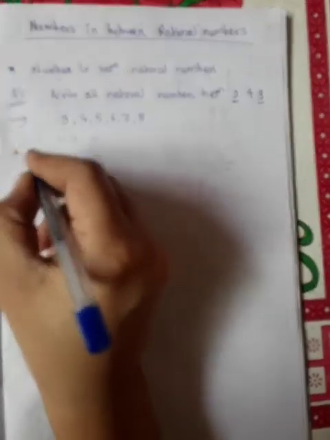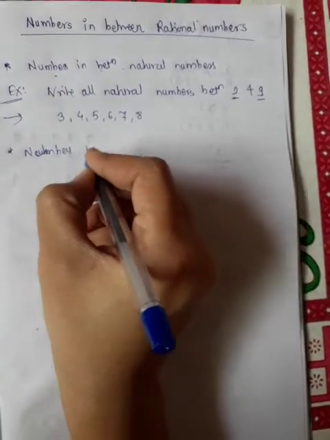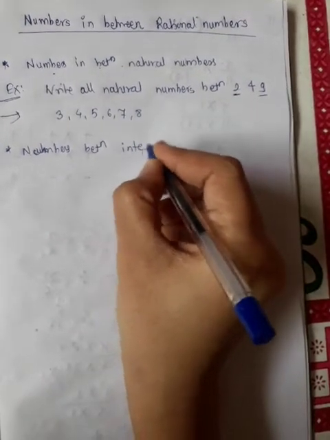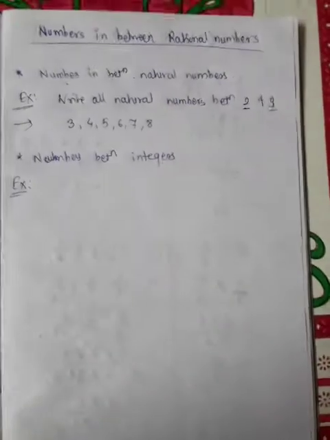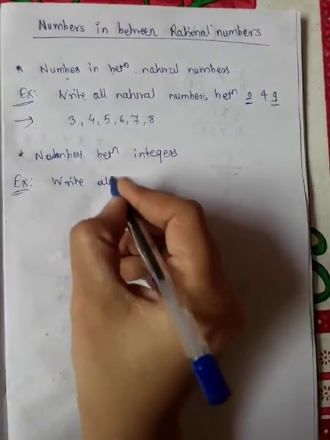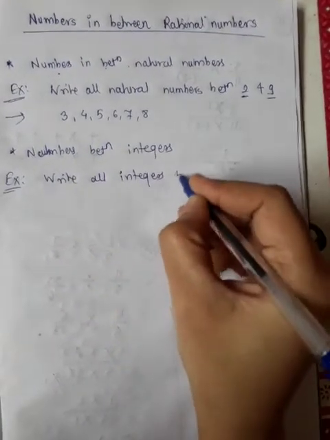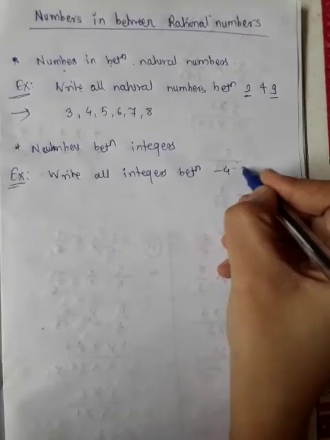Okay, so next, numbers between integers. Okay, means suppose we have given two integers. So let us take an example. Write all integers between -4 and 5.